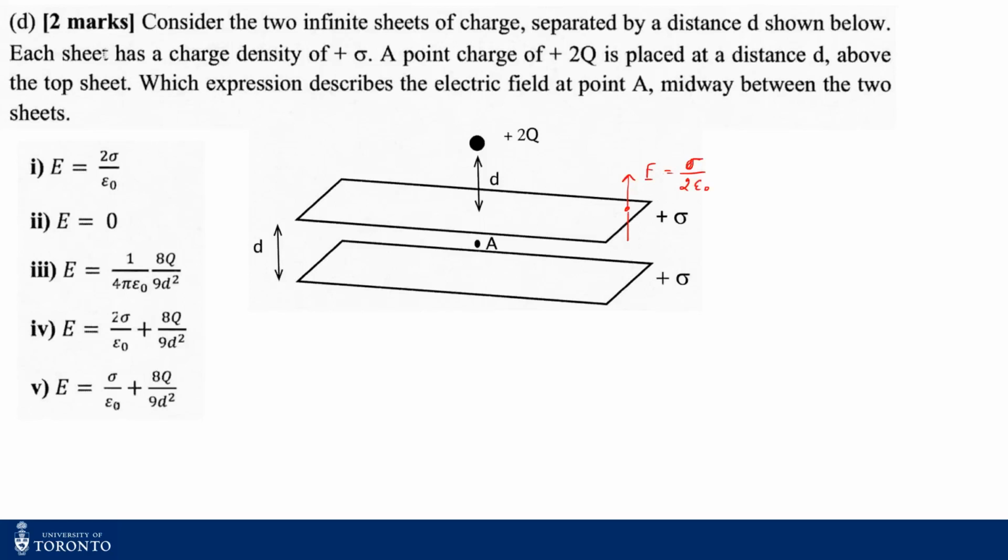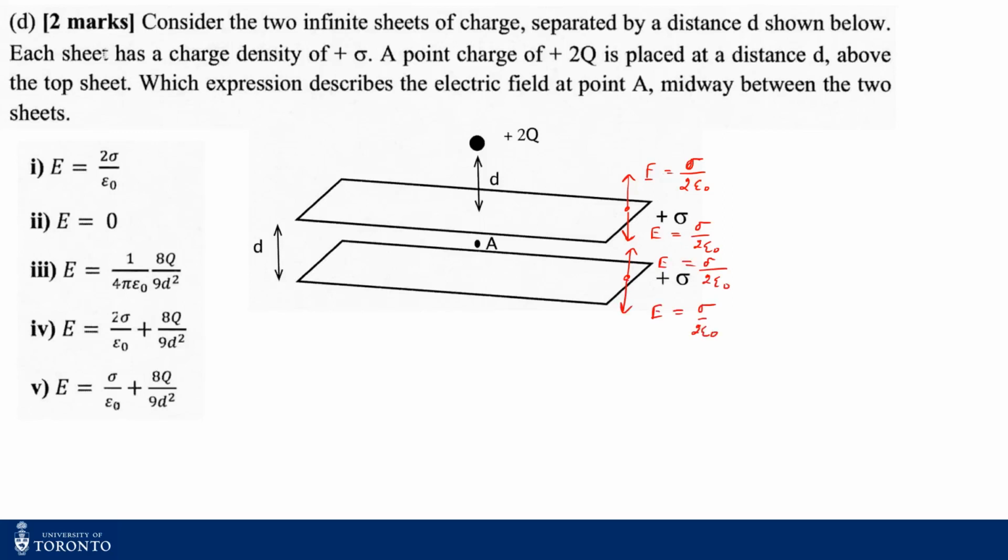And also in the downward direction with the same magnitude, sigma by 2 epsilon naught. Now, since both the plates have the same charge density, for the bottom plate also there will be an equal electric field going upwards, which is sigma by 2 epsilon naught, and going downward as sigma by 2 epsilon naught.